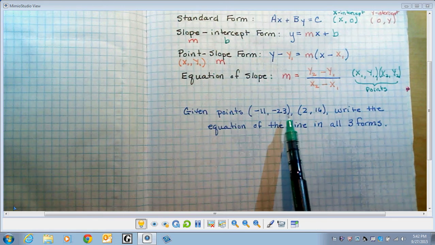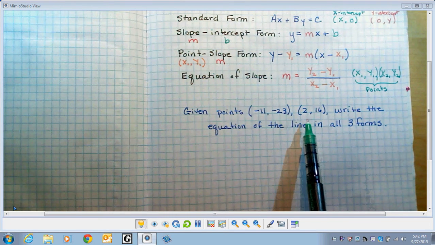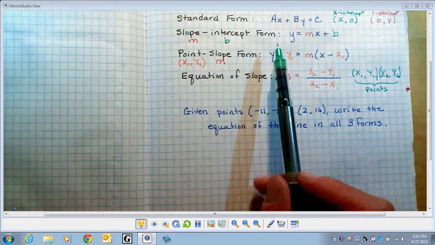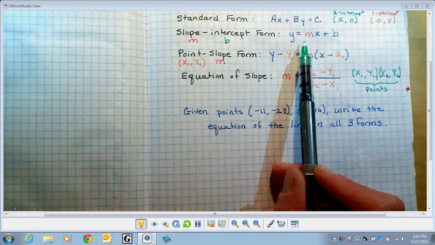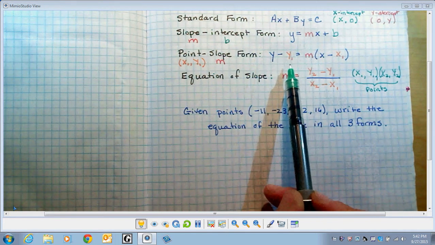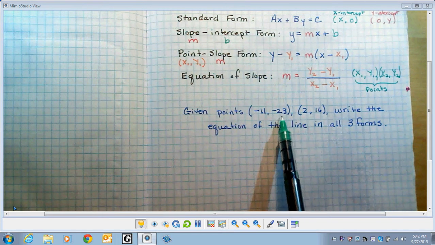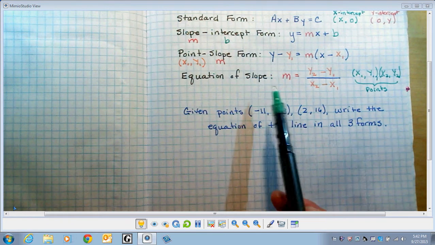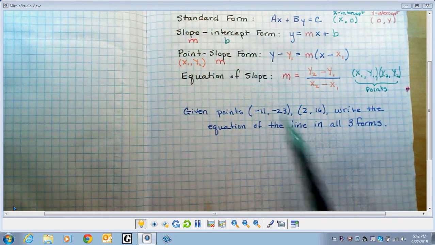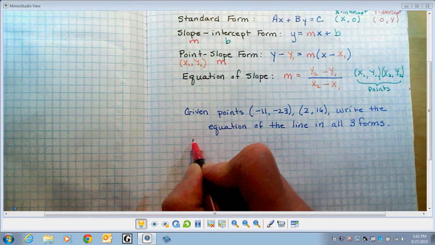So let me figure out what it is that I need to know. I know that one of the easiest forms is usually slope-intercept or point-slope. The problem here is I do not have a y-intercept. I have 2 points, which means that I can find the slope. So let's go ahead. We have to find the slope first.